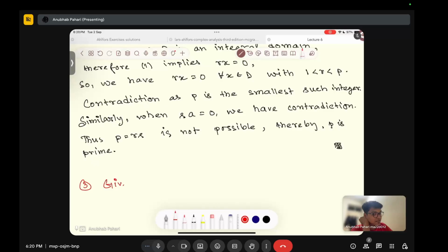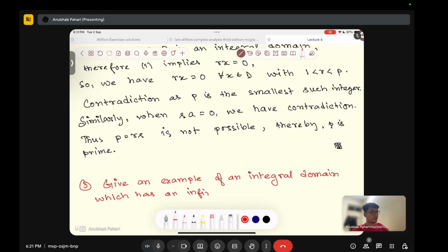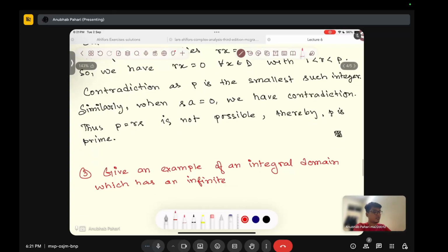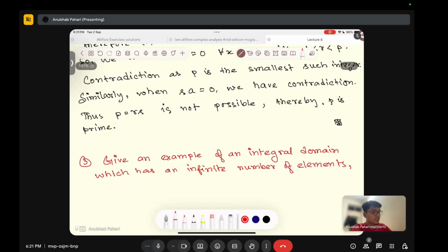Give an example of an integral domain which has an infinite number of elements yet is of finite characteristic.